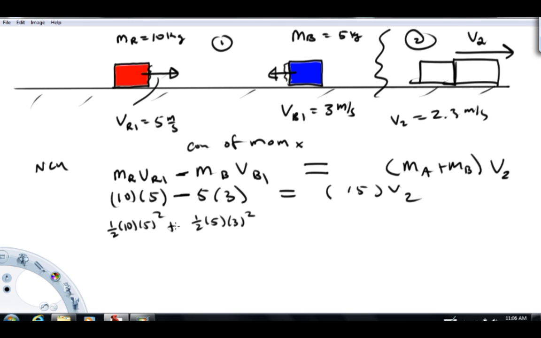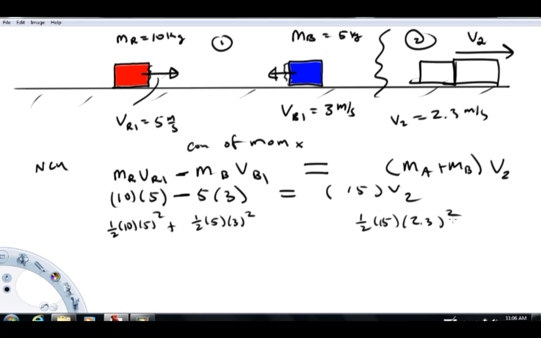The total kinetic energy is the sum of the two. Over here on the right, this momentum has a kinetic energy that goes with it of 1/2 times 15 times 2.3 squared. Again, sticking with my NCU, my note consistent units.